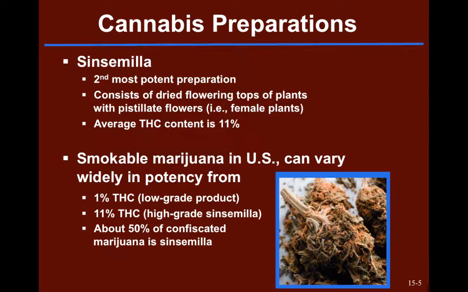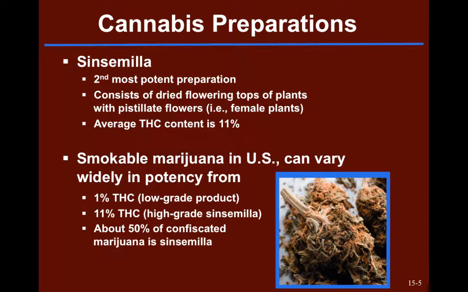Of course, this isn't consistent across the market. We do see about a 1% THC content in lower grade marijuana, and then it ranges up to about 11% THC for a higher grade sensimilla based product. About 50% of the marijuana that's confiscated in the United States is sensimilla, so it does have that higher potency.